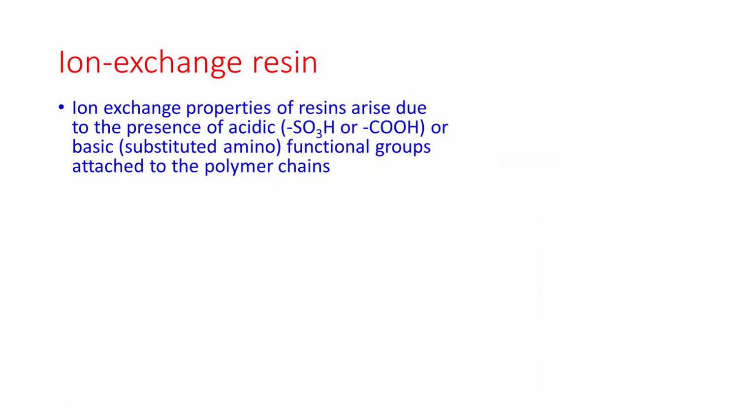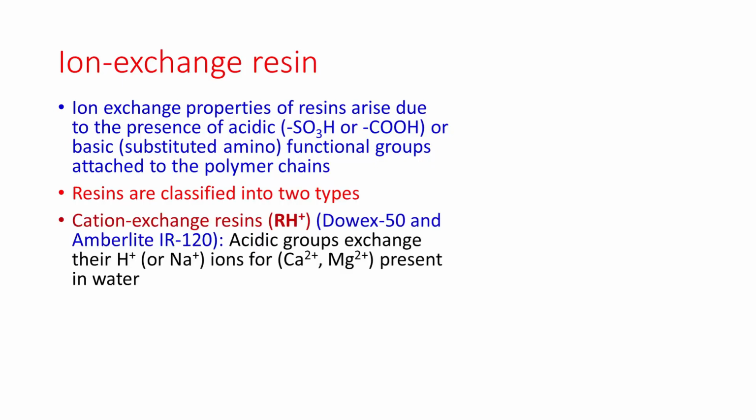Ion exchange properties of resins arise due to the presence of acidic or basic functional groups attached to the polymer chain. Resins are classified into two types: cation exchange resins, where acidic groups exchange their protons or sodium ions with calcium and magnesium ions present in water.